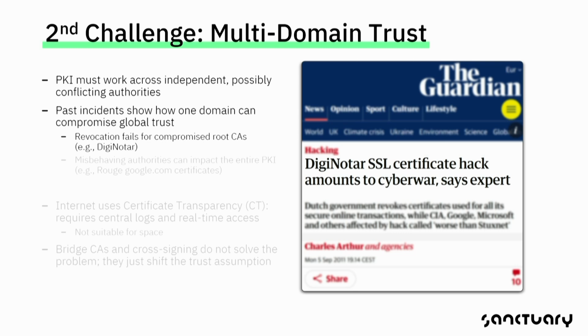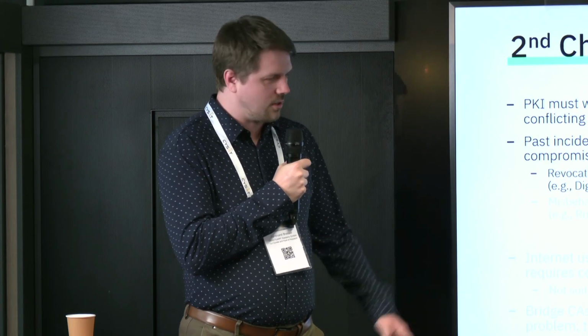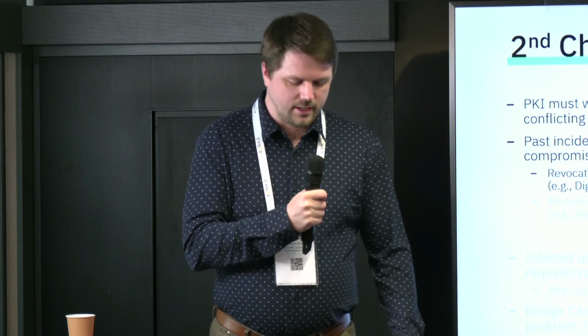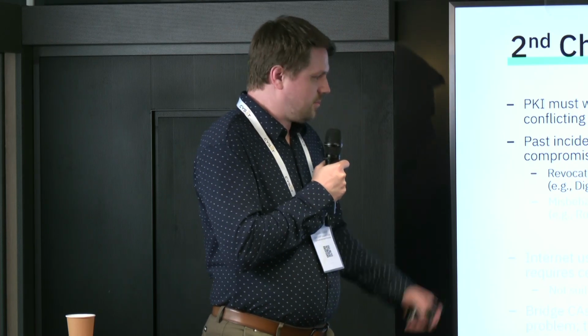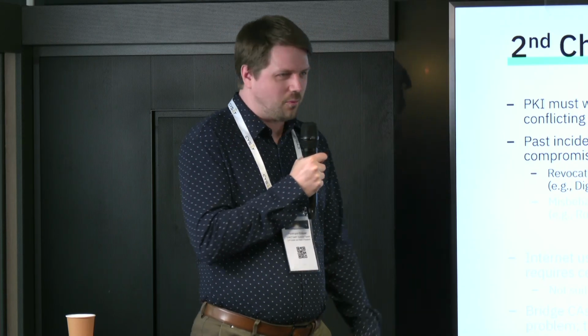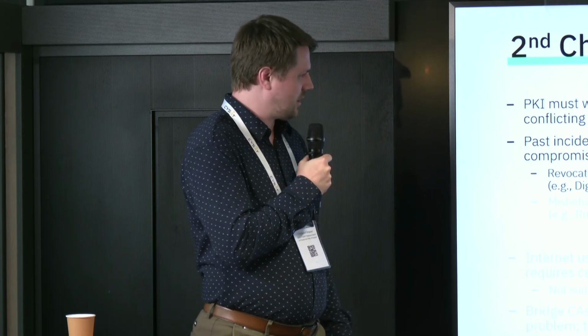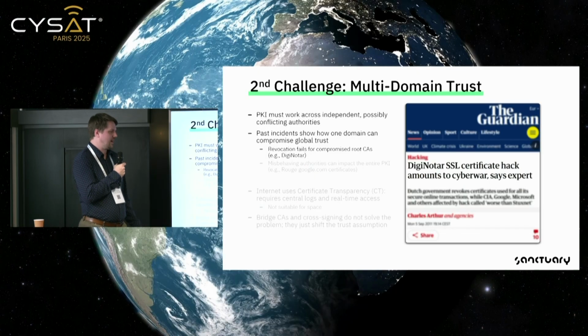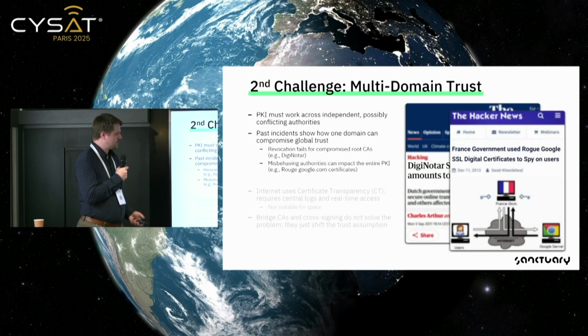There were incidents where a root CA from the Netherlands was compromised, and basically it started issuing certificates for Google, Microsoft, CIA even, and so on. Of course, this is not what you want, and this makes the trust in the overall system hard. Any single root CA, if it gets compromised or is intentionally acting maliciously, breaks the whole system.